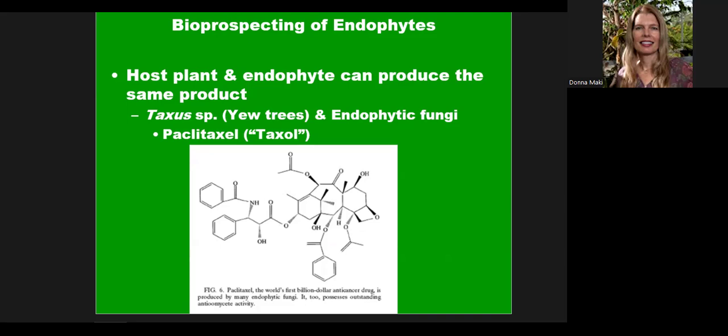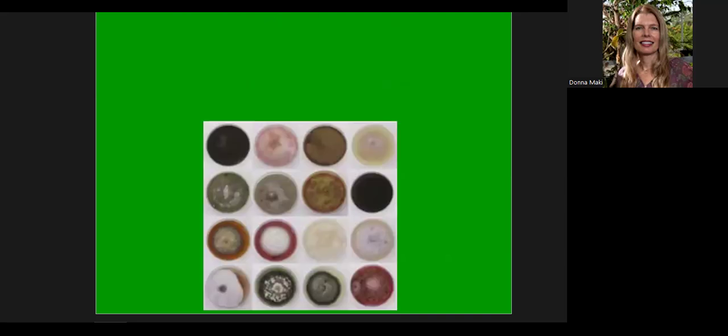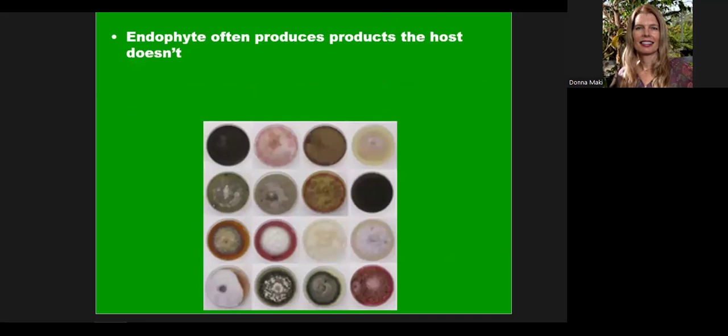So the host plant and the endophyte can produce the same product, but what's really exciting is that you can also find endophytes that produce novel drugs or chemicals that the plant isn't making. And so then it's really interesting to start thinking about, well, what are they making that for? What is that doing for the plant?